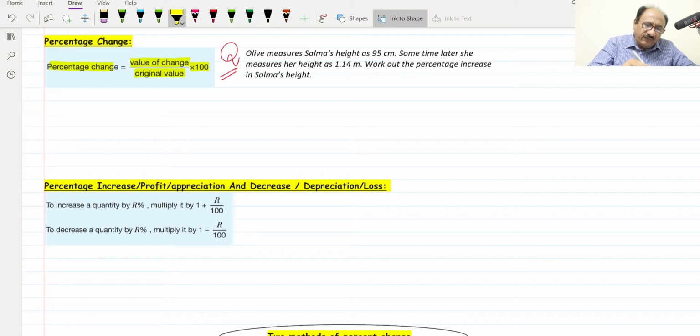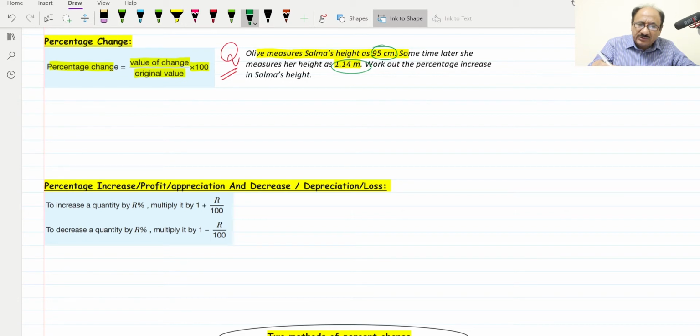Olive measures Salma's height as 95 centimeters. Sometime later, she measures her height as 1.14 meters. So keep in mind, the first number is in centimeters and the second one is in meters.